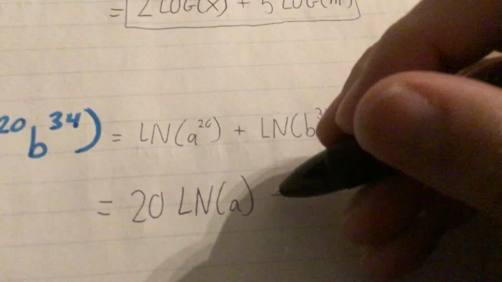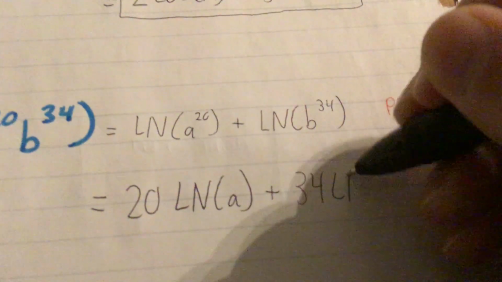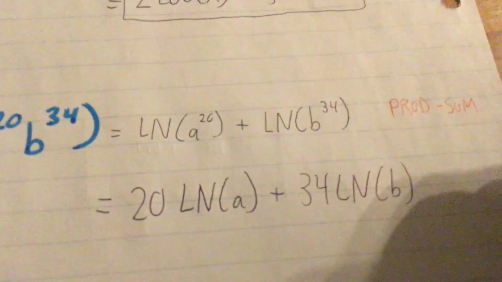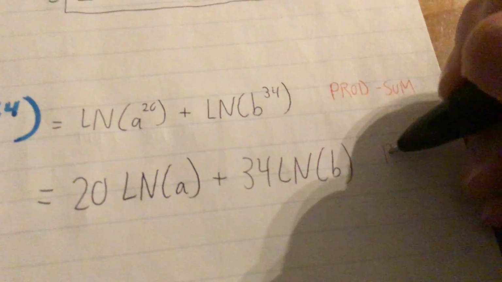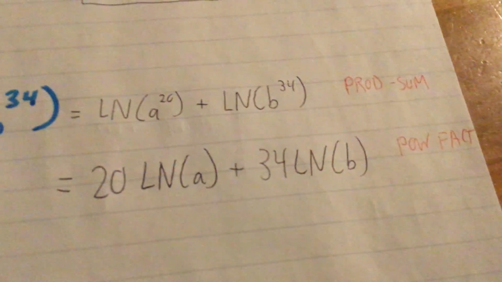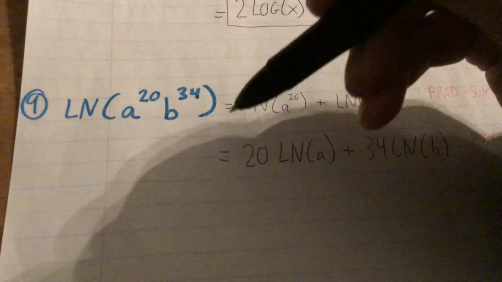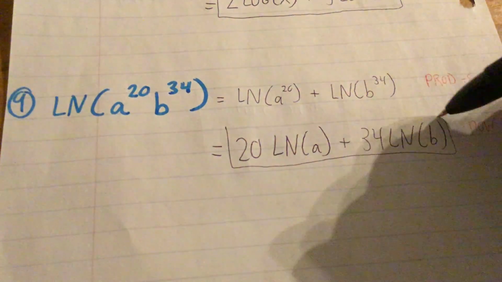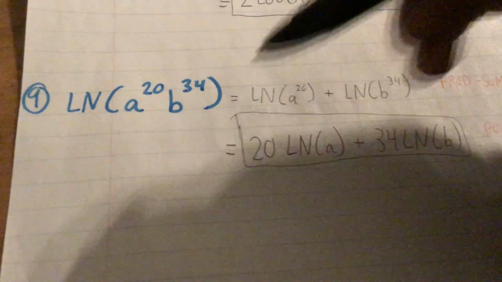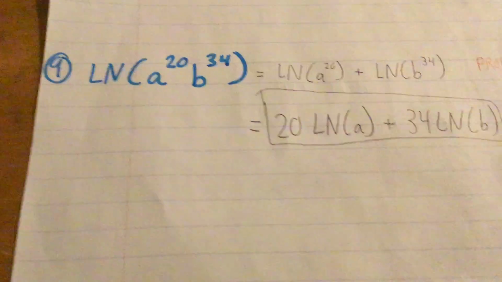So that becomes 20 natural log of a plus 34 natural log of b. And that was from the power factor rule. See how quick these are? Not too bad.